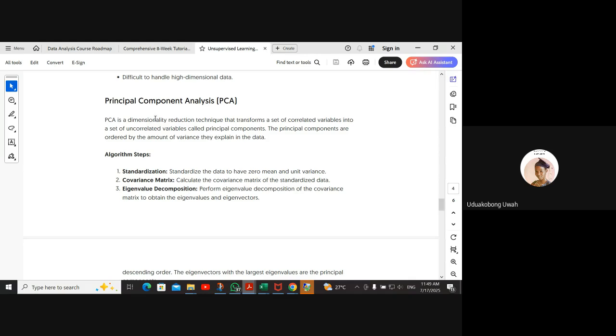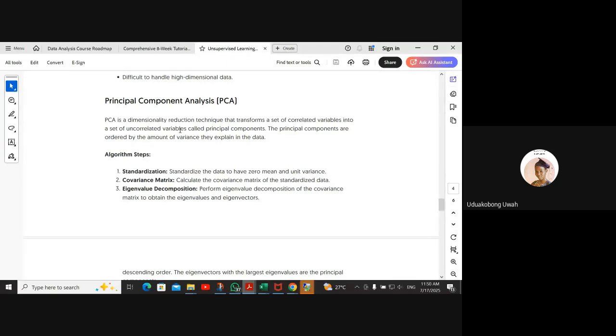They take the main voice, and what comes as background or any other distracting noise, it reduces it to the main voice, like the first component. Okay, so this is a dimensionality reduction technique that transforms a set of correlated variables into a set of uncorrelated variables.